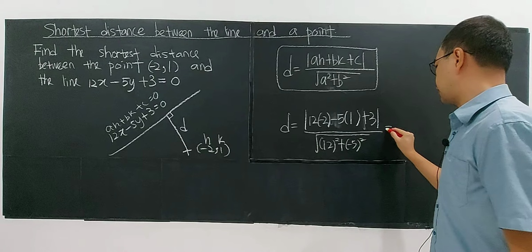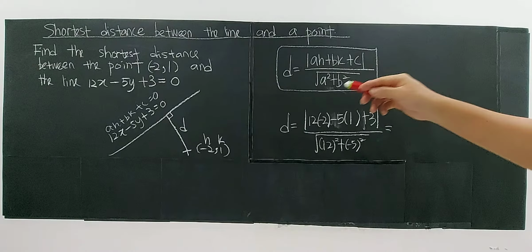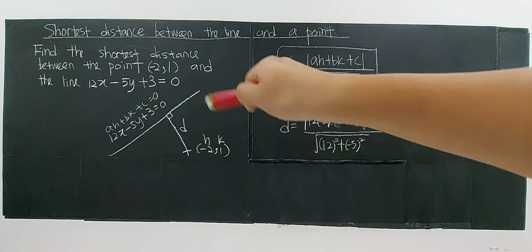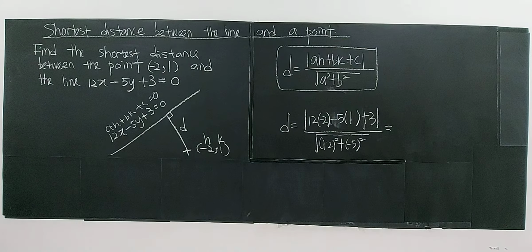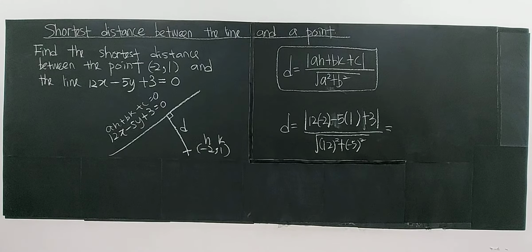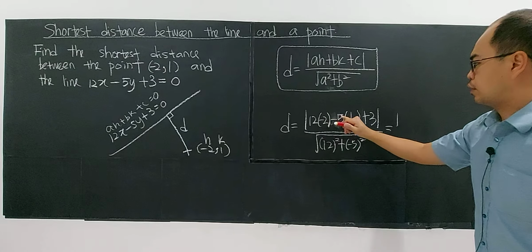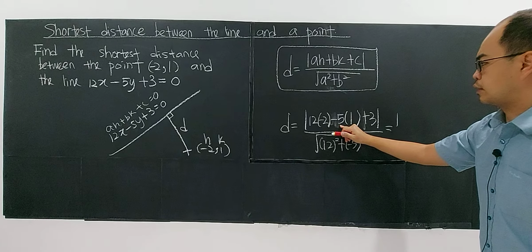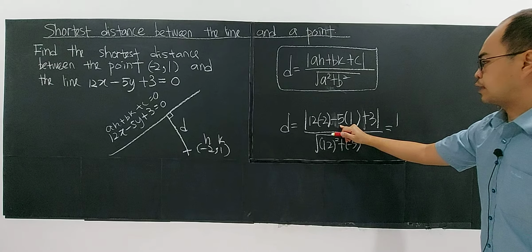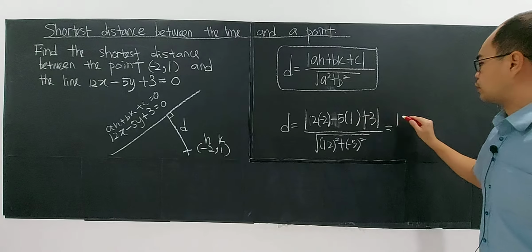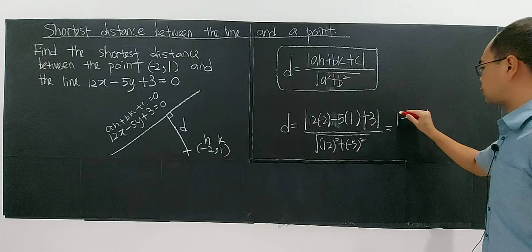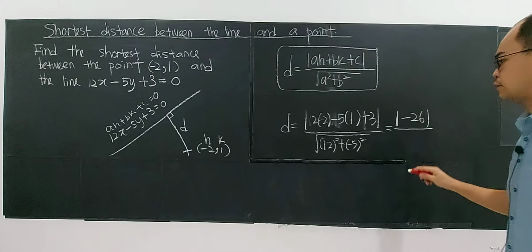Very simple. As long as you apply this formula, you can find the shortest distance between this point and the line. All right, let's calculate. For this, you are getting -24, -5, you're getting -29, so plus 3, you're getting -26. That's why we need a modulus here, because it is a distance.